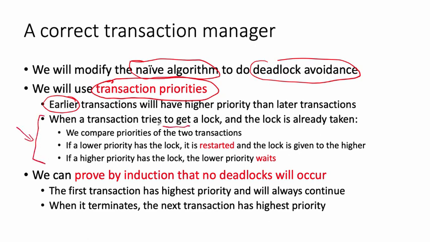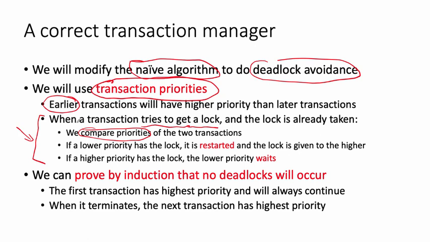When a transaction tries to get a lock, we will compare priorities. If I try to get a lock and somebody else has the lock, then we compare the priorities of the two. If I have lower priority compared to the one who already has the lock, then I have to wait. The higher priority one gets precedence.